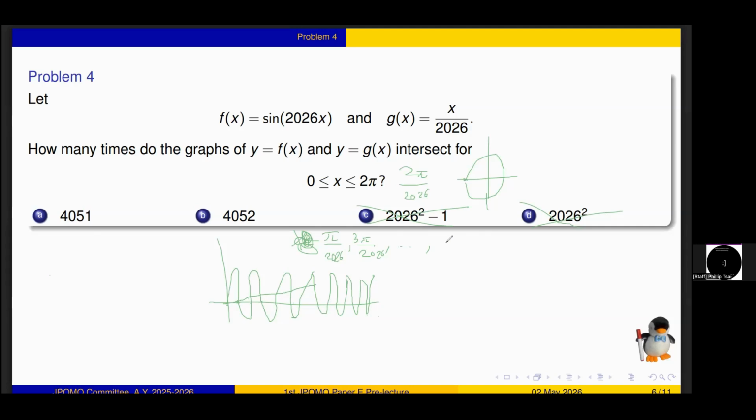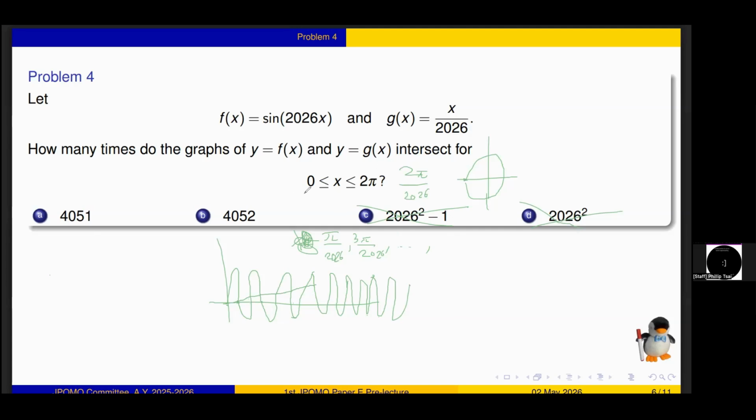But anyways, in that case you have to look at the final indication here. Oh yeah, sorry.